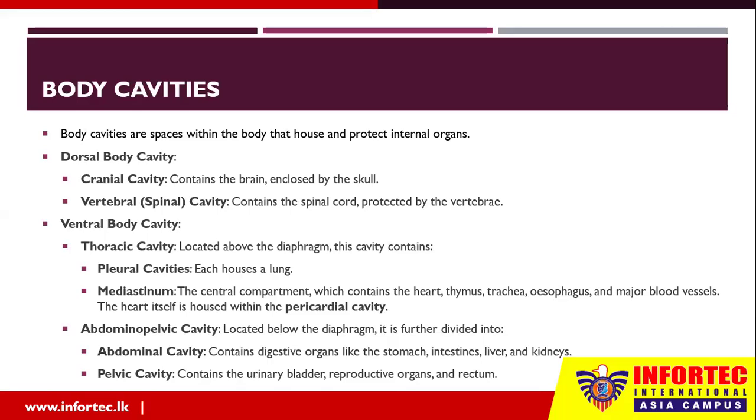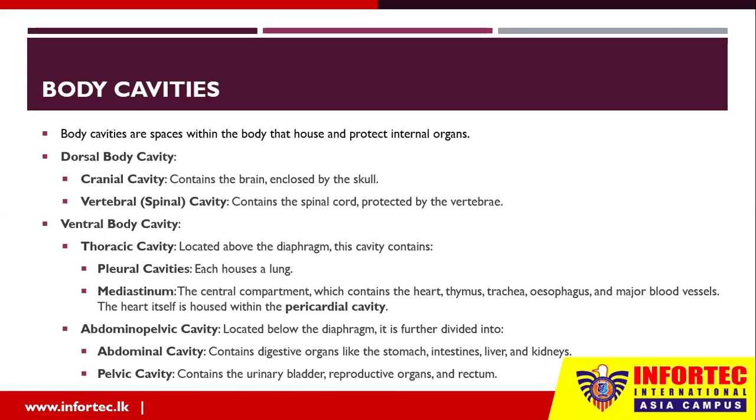Then there is the pericardial cavity, which includes the heart. Then the mediastinum, the central compartment. We can say it contains the heart, thymus, trachea, esophagus, and major blood vessels, right?